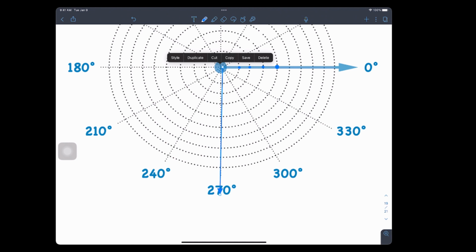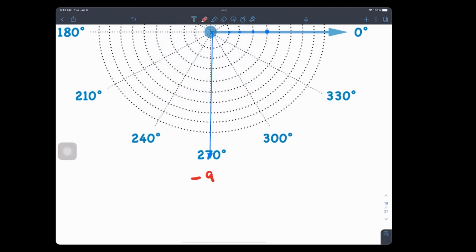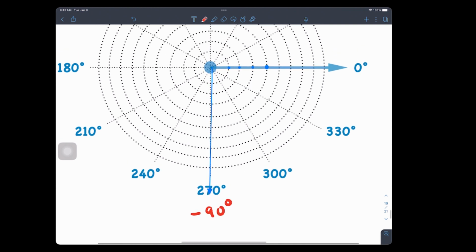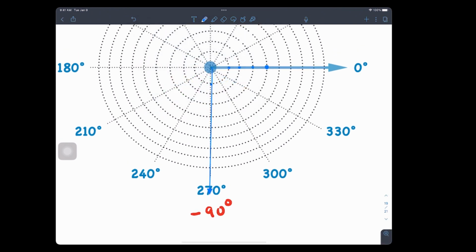Isn't that where negative 90 is? 1, 2, 3, right here. Okay, you guys okay with that? You guys see that there? For negative 90?